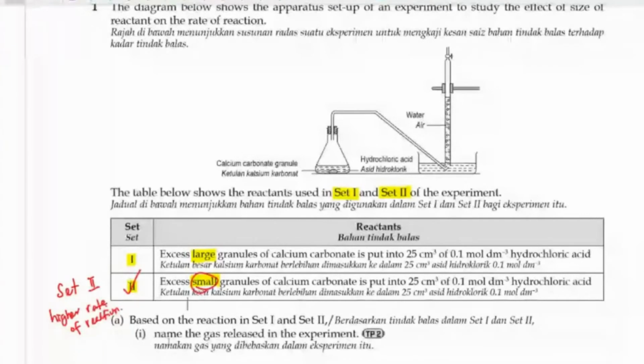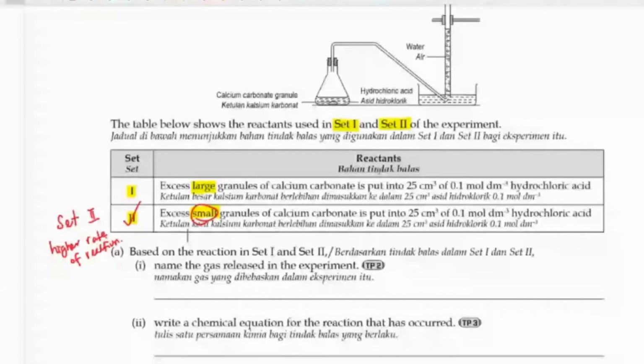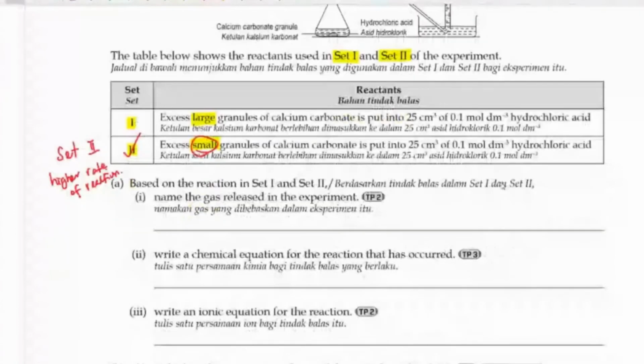Now we look into the question. Name the gas released in this experiment. Calcium carbonate with hydrochloric acid. What is the gas, class? We learned in chapter 6, acids, bases and salts. Maybe you can write the chemical equation. Don't panic. Calcium carbonate reacts with hydrochloric acid.